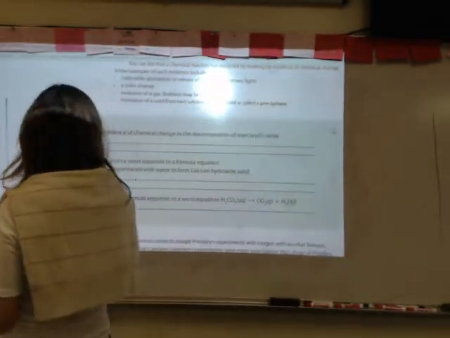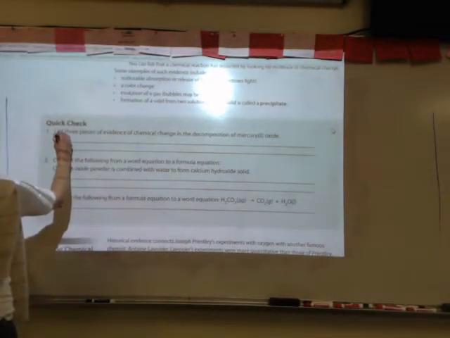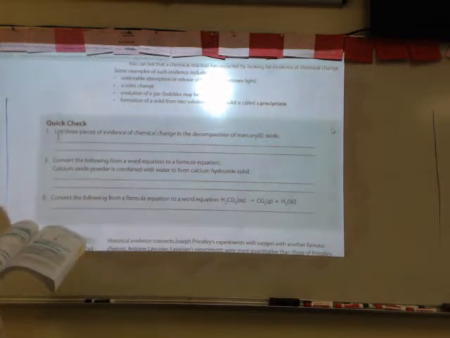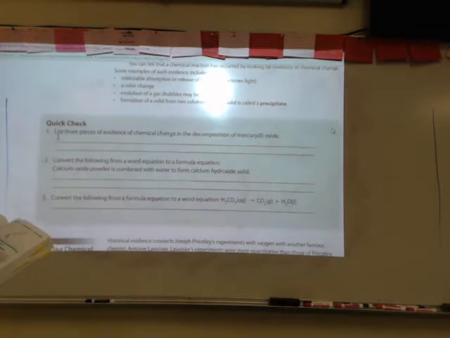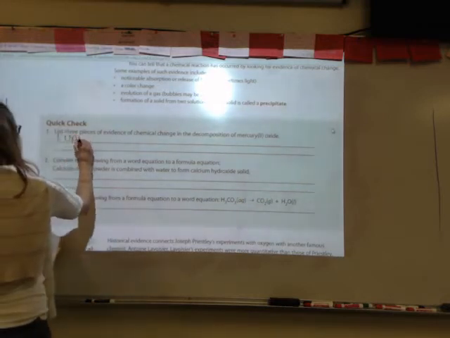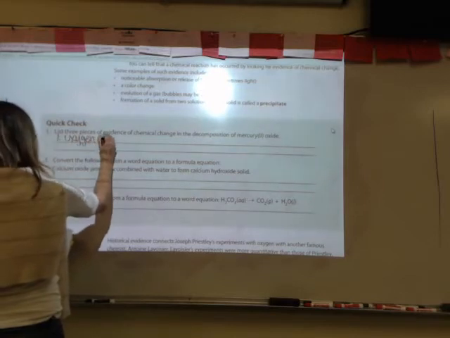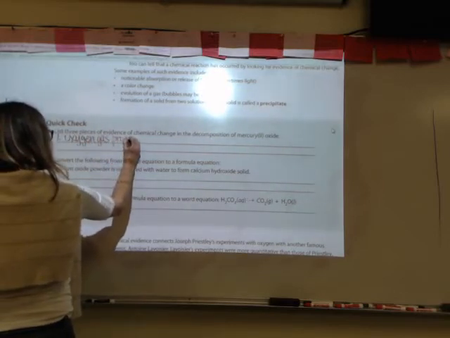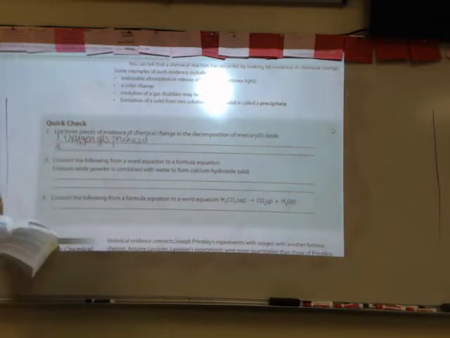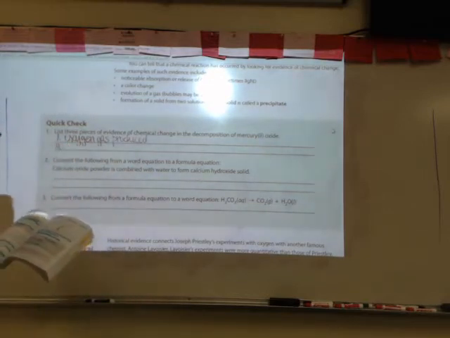Let's go ahead and look at that chemical reaction on the previous page where mercury 2 oxide, which was a deep red powder, decomposed into mercury, which is a liquid, and it's silver in color, and then you're producing oxygen gas. So oxygen gas is produced, so that's a form of evidence. And you get this gas information from the state of matter in the formula equation on the previous page.